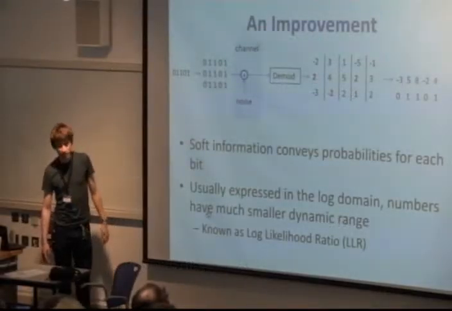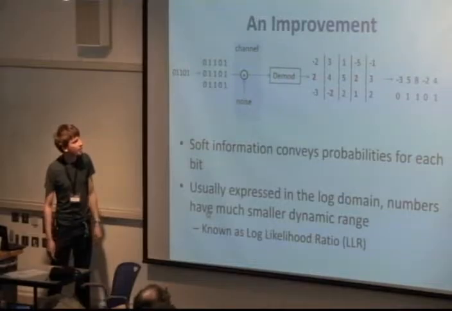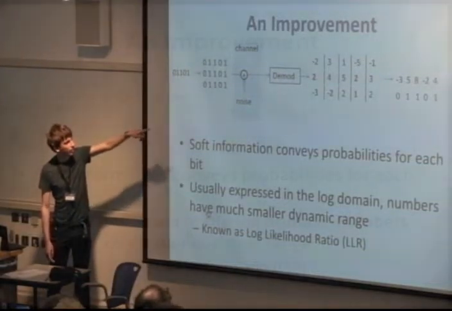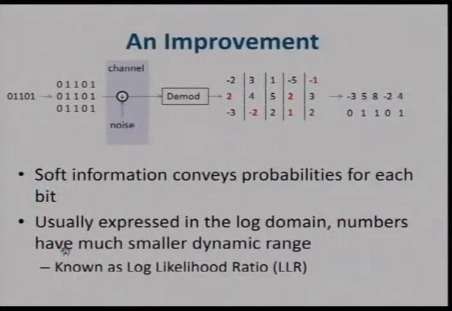We can improve it by using soft information. That is, after the demodulator, instead of deciding if it's a 1 or a 0, we assign a probability. So we can assign a confidence in a bit, which you can see in my example now that we're correct in our decoding.